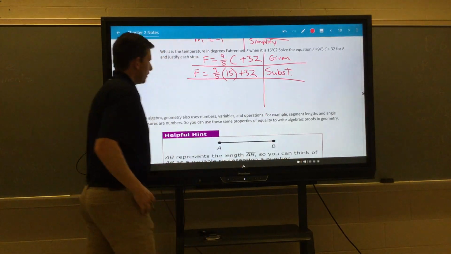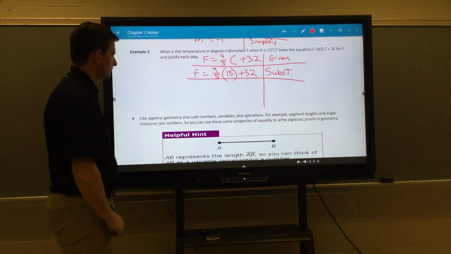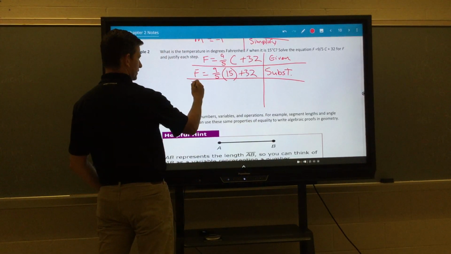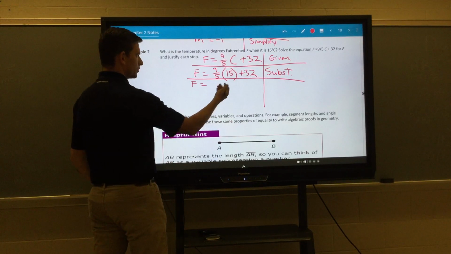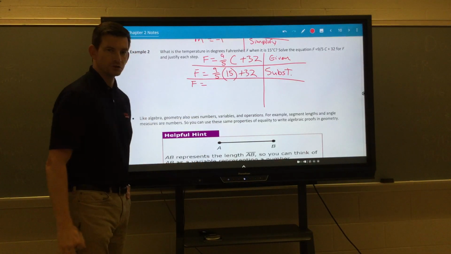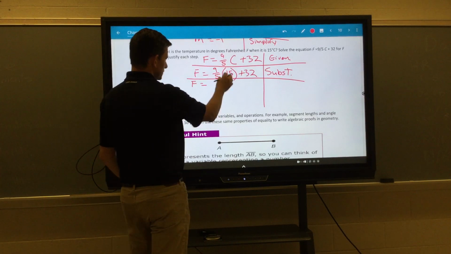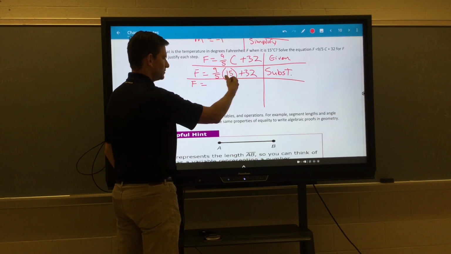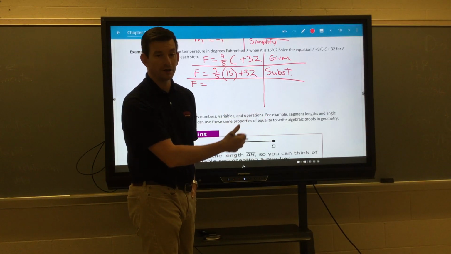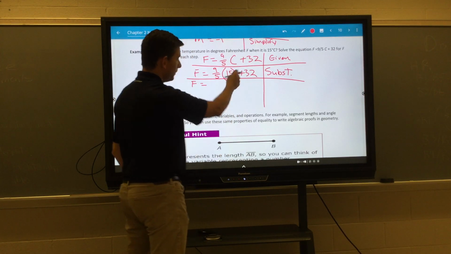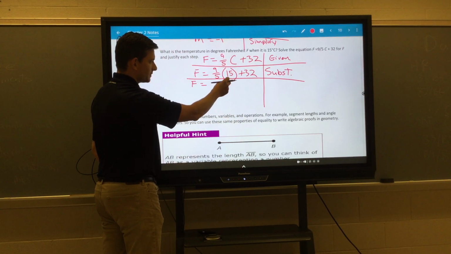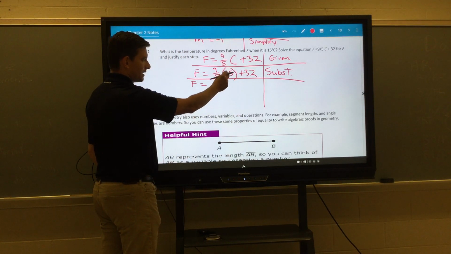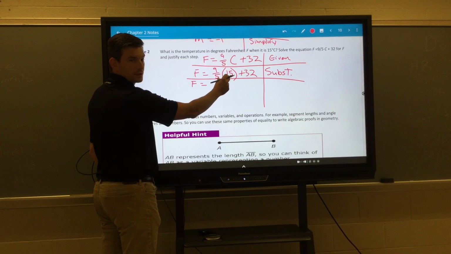All right, so now look at what we have here. F equals, our goal is to get the temperature in degrees Fahrenheit. So we could type this all in on our calculator. But if you wanted to do this by hand, 15 divided by 5 right here is 3.